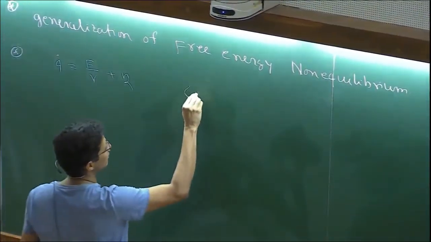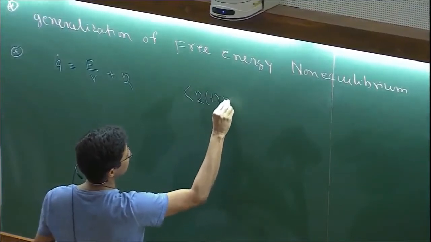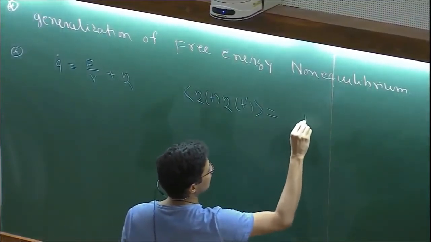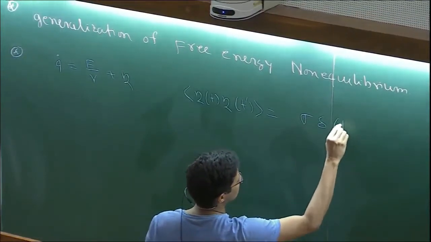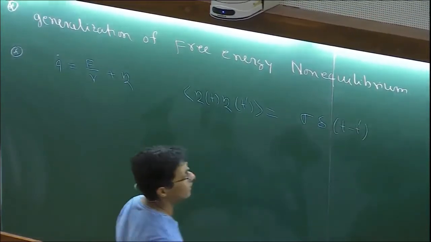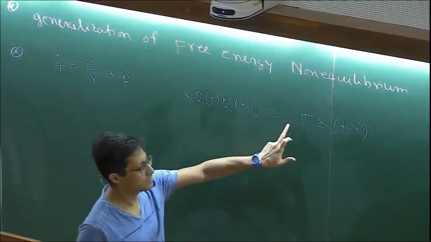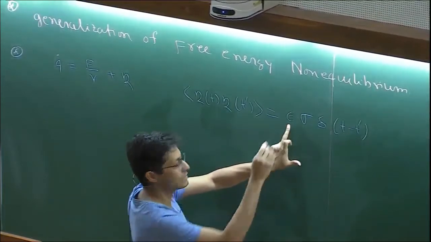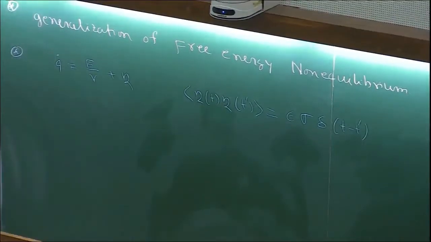And I had the noise eta(t) with correlation sigma delta(t minus t prime). And I looked at the system where there was a weak noise, and the weakness was parameterized by a small parameter epsilon. Okay.